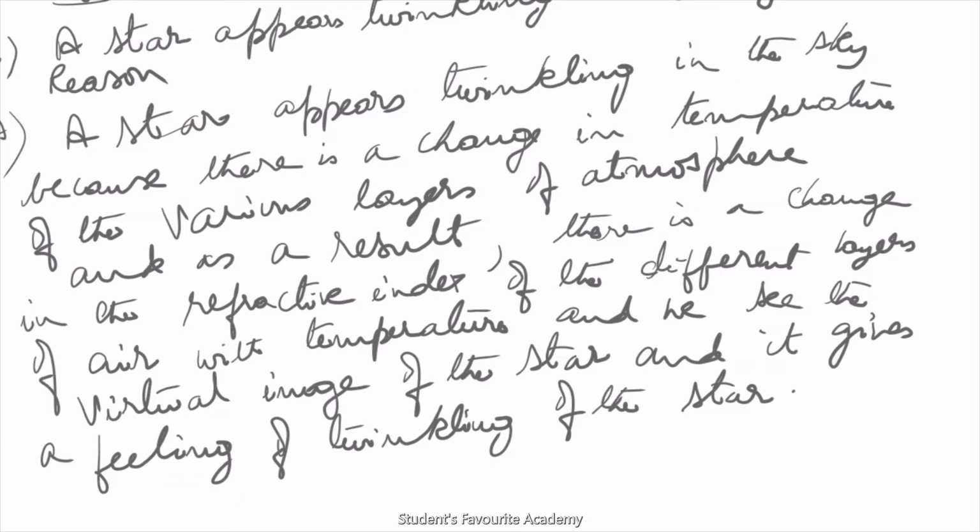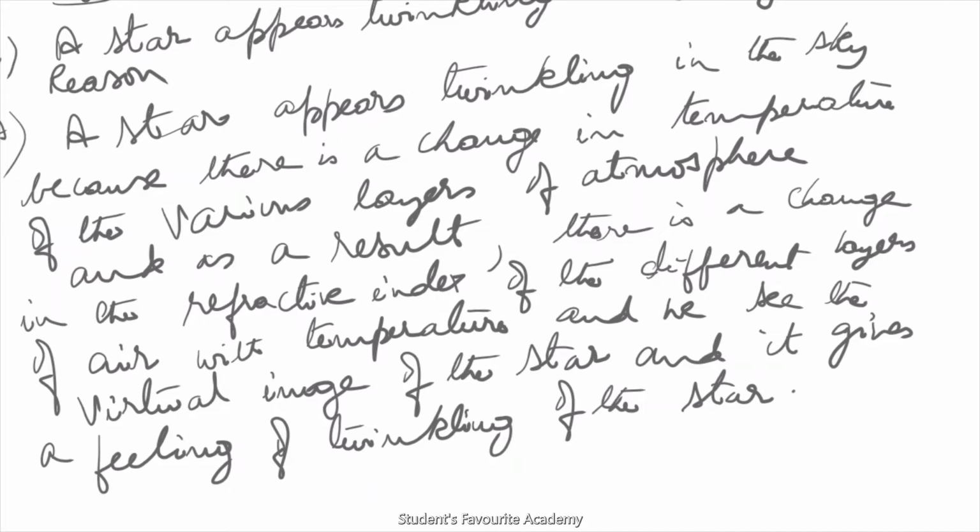Then as I already discussed with you, a coin kept in a vessel appears to be raised. When you view it from the top, it appears to be raised when water is poured in the vessel. Okay. Then a print appears to be raised when a glass slab is placed over it.